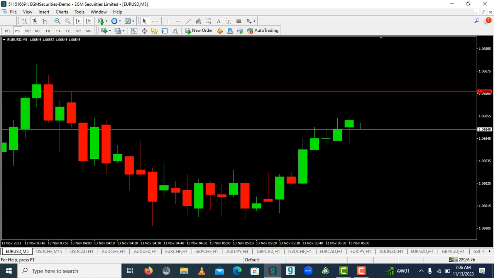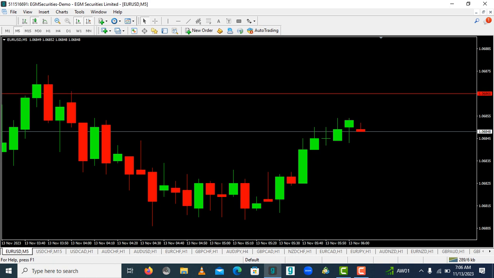Remember, these currencies are offered by banks, or else they are offered by brokers. What a broker will do is either sell a currency to you or buy a currency from you. Let's take this Euro USD as the example.